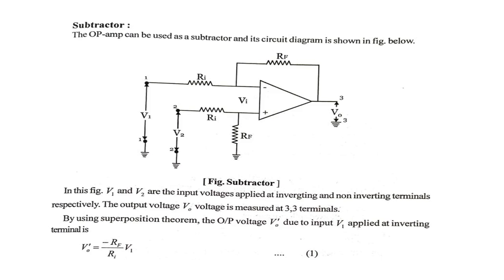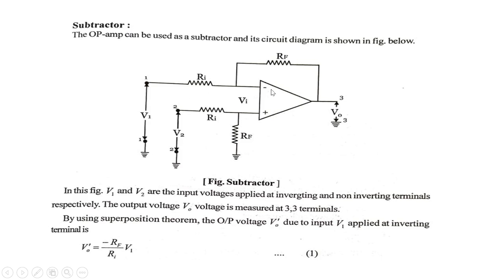Now, the subtractor. The operational amplifier can be used as a subtractor and its circuit diagram is shown in the figure. In this figure, V1 and V2 are the input voltages applied at the inverting and non-inverting terminals respectively.